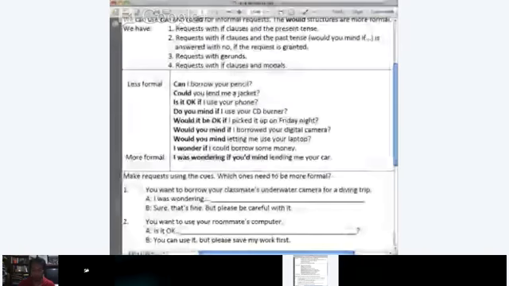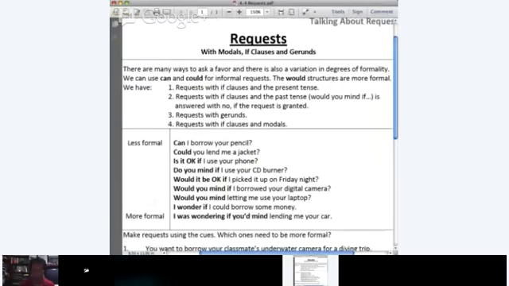So we left off with, we're putting these different requests into categories so we can figure out which grammar each one of them is using. So the first one, can I borrow your pencil? Which of those 4 categories above does it fit into?